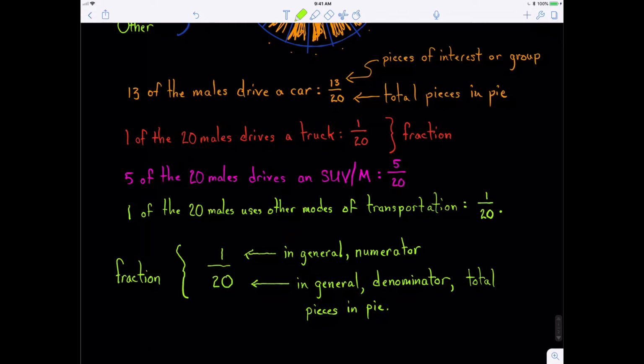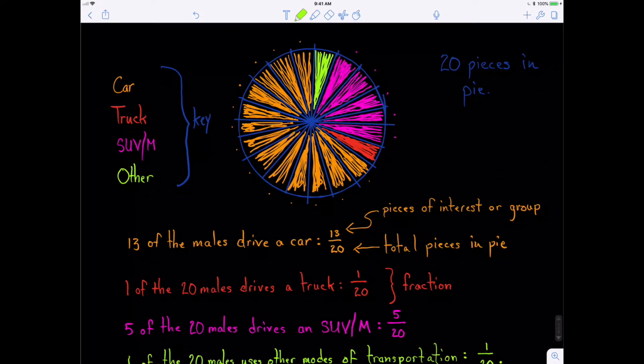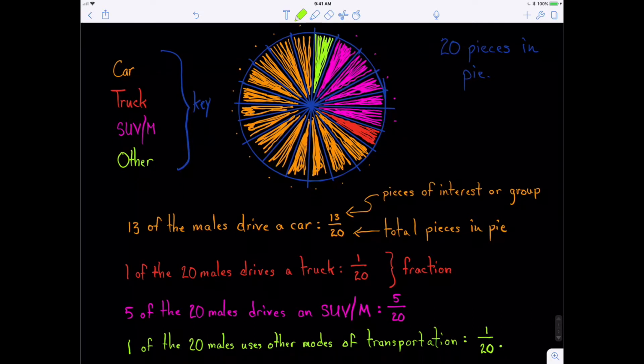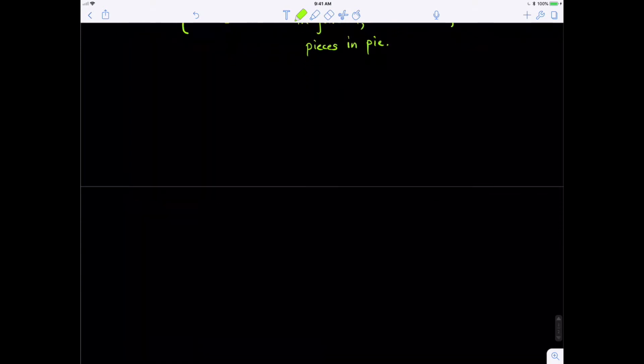Okay, now I want to go back, since our picture up above has a lot going on, and it's visually difficult for us to keep track of 20. We'll return there, but instead, let's take a look at a simpler pie. So I'm going to come down here and make a simpler looking pie.